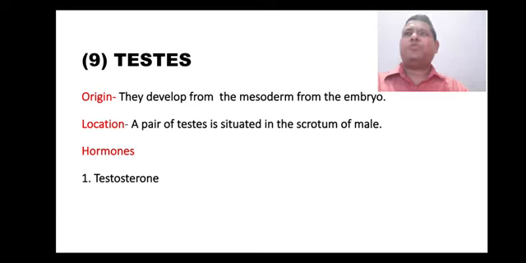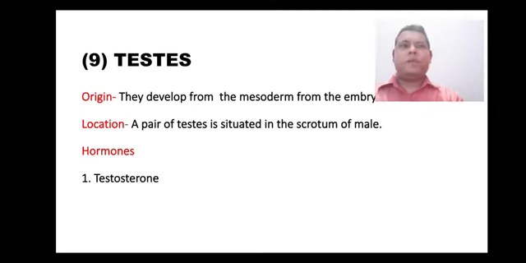The connective tissue present between the seminiferous tubules in a testis contains small clusters of endocrine cells called interstitial cells, which secrete androgens. They develop from the mesoderm of the embryo.